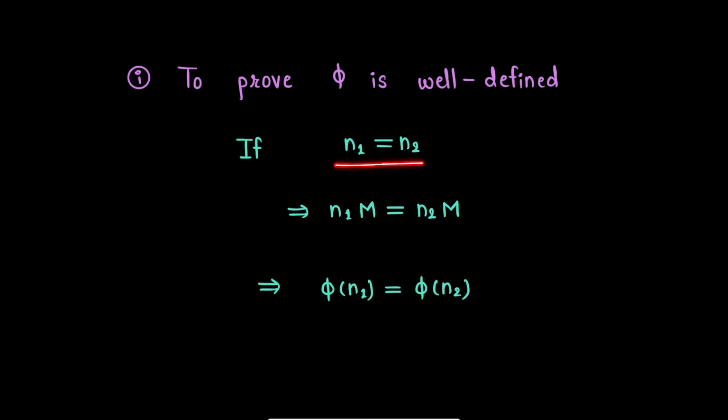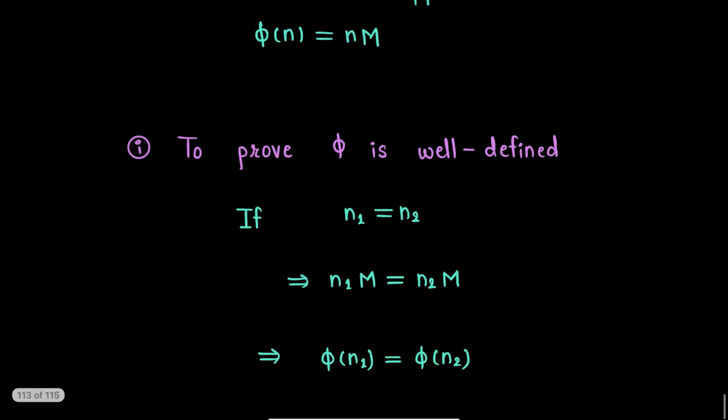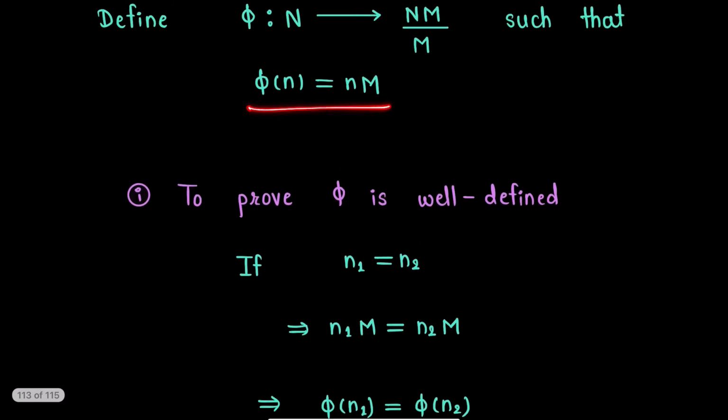Then, as n1 is equal to n2, we have coset n1M will be equal to coset n2M. Now n1M is phi of n1 and n2M is phi of n2. Therefore, this map phi is well defined.